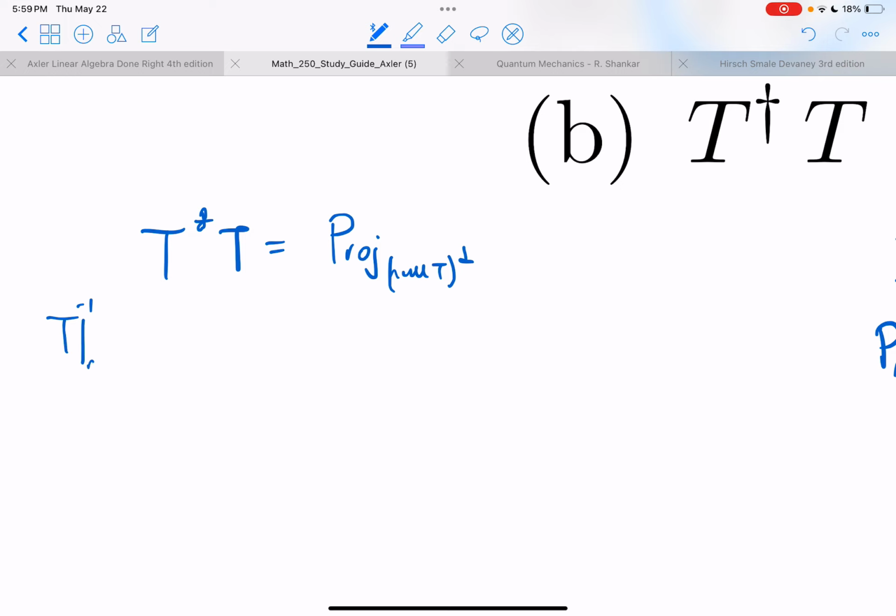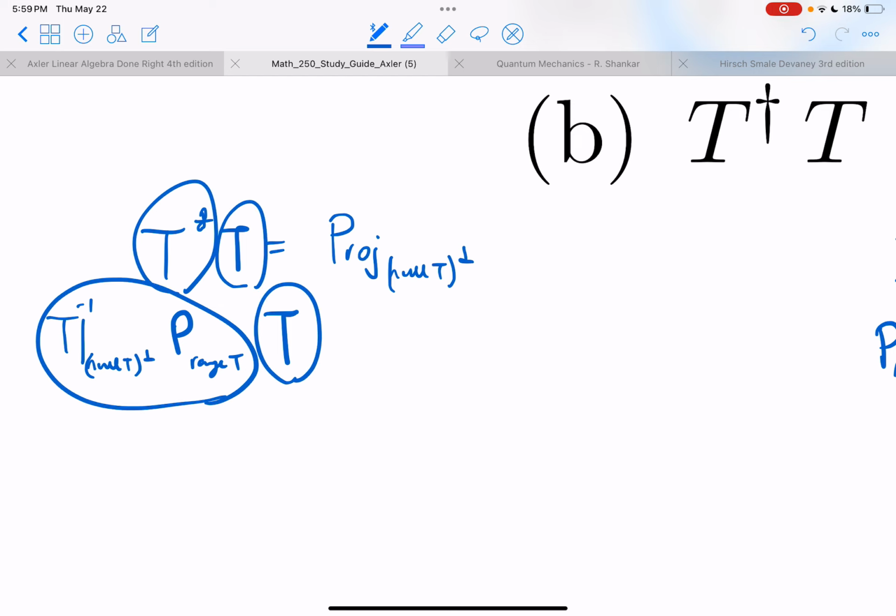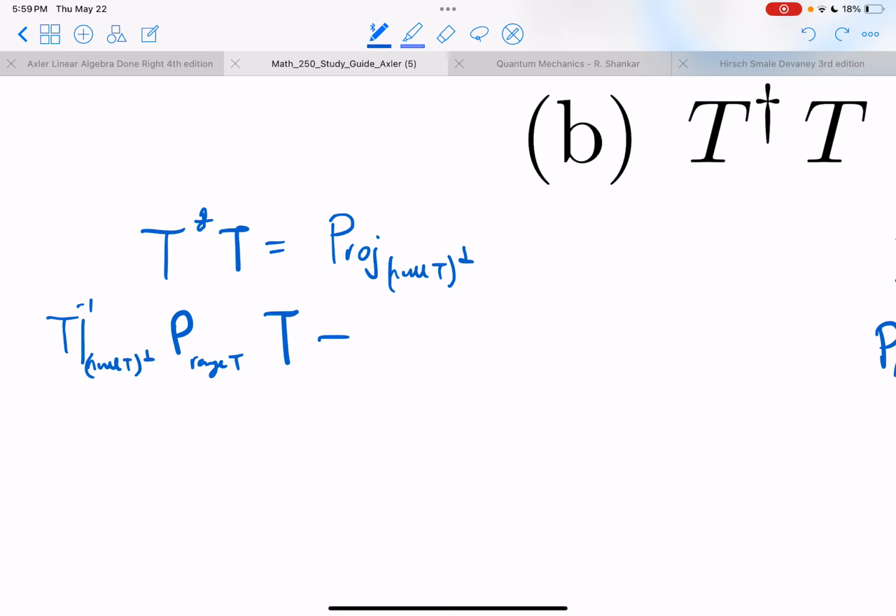It first projects onto the range, and then it inverts that from the range back to null of t perp. And then we're supposed to do t first and then t dagger. And the question is, is this equal to the projection here?